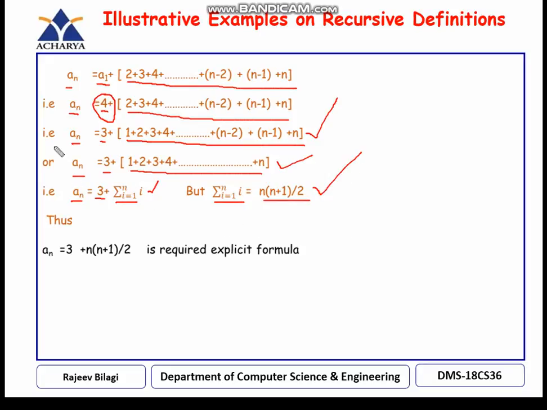So I can write an equal to 3 into bracket n plus n into bracket n plus 1 by 2, which is the required explicit formula, representing the recursive definition in the form of an explicit formula.